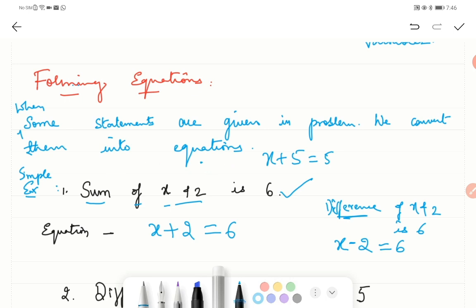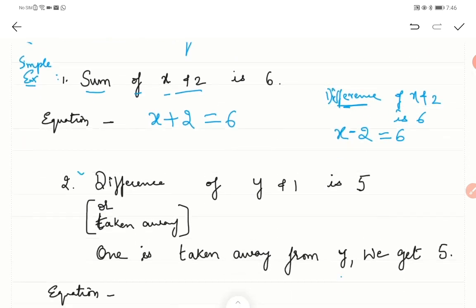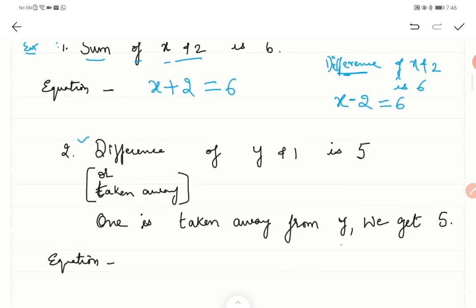Let's see one by one. I have taken this statement: difference of y and 1 is 5. What is it saying? Difference, that is y minus 1 is 5. You have converted the statement into an equation, isn't it?